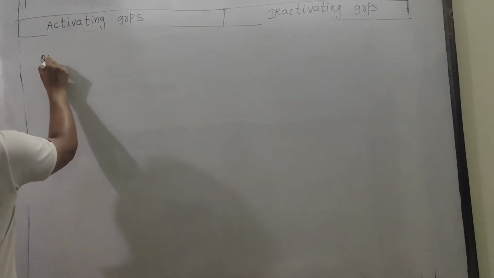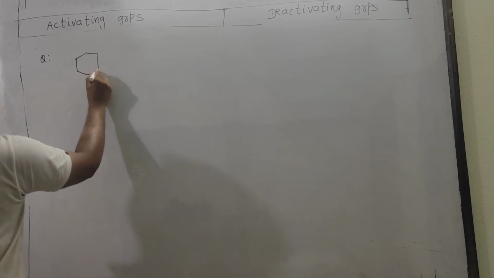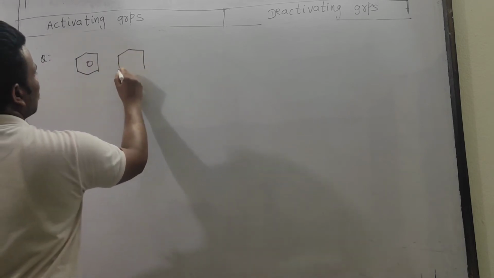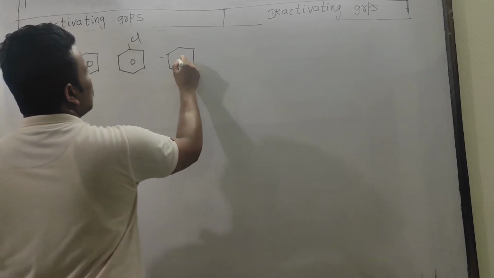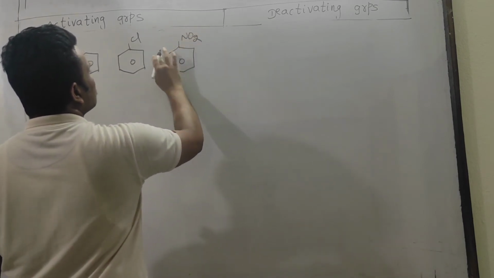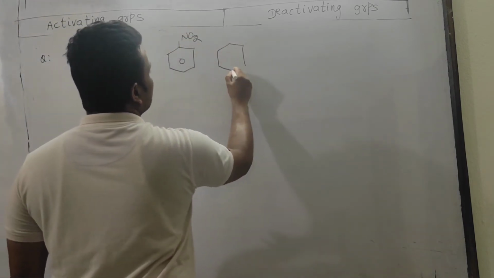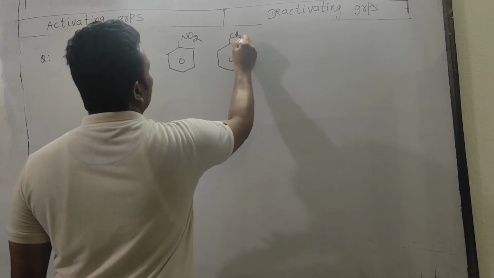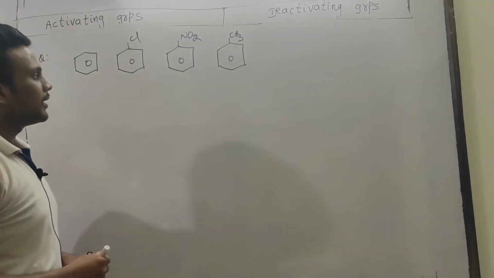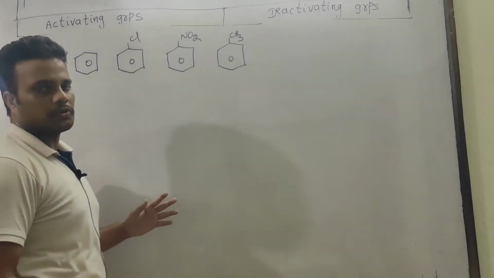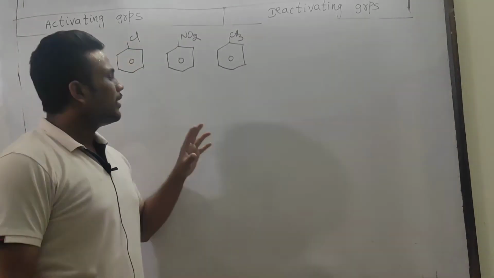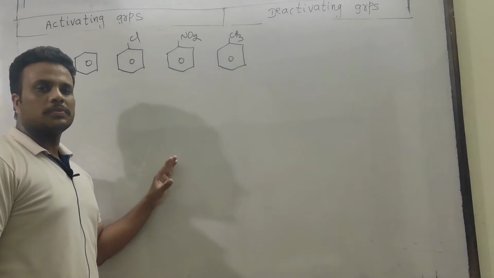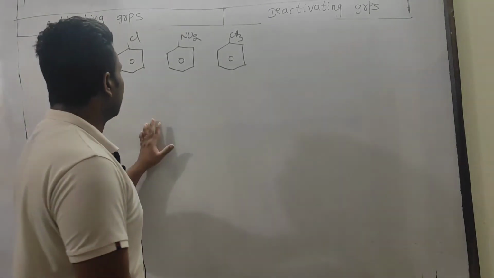Suppose you have a question like this: you are given benzene, chlorobenzene, nitrobenzene and toluene. You are asked to find the correct order of reactivity towards electrophilic substitution. So electrophilic substitution means we know activating groups, I mean donating groups, increase the activity of the benzene ring.